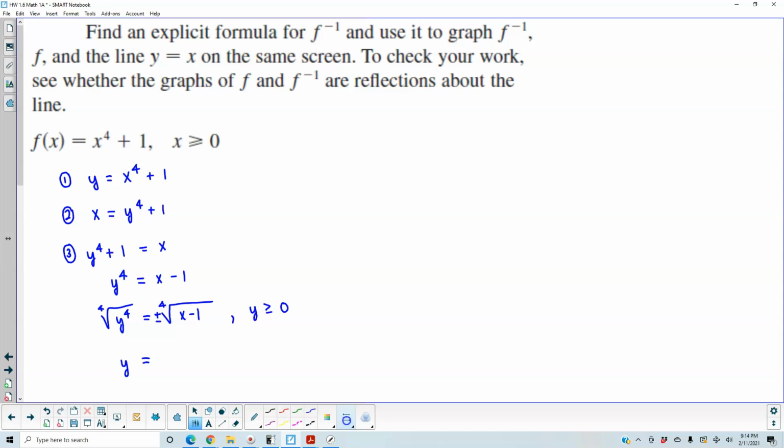So we have to use the positive version of it because of what was given at the beginning. So therefore, it's going to be y, which is the fourth root of x minus 1, and therefore the inverse is equal to the fourth root of x minus 1.